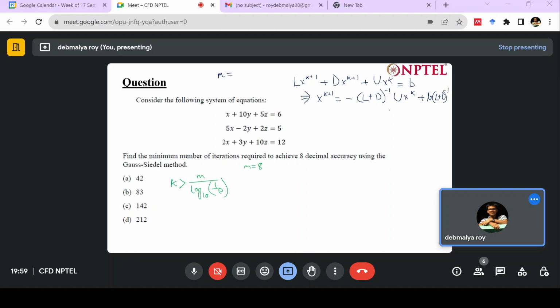Okay, so this is very straightforward. What is our M? M is minus (L plus D) inverse.